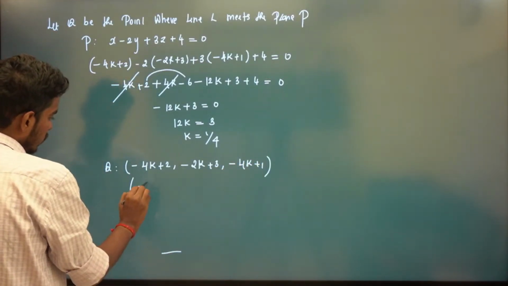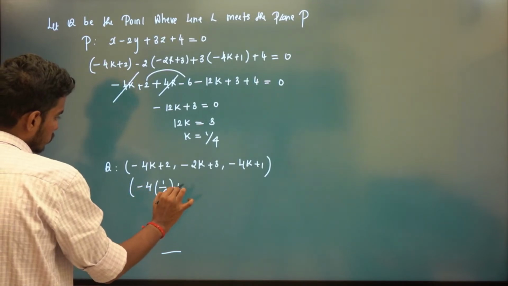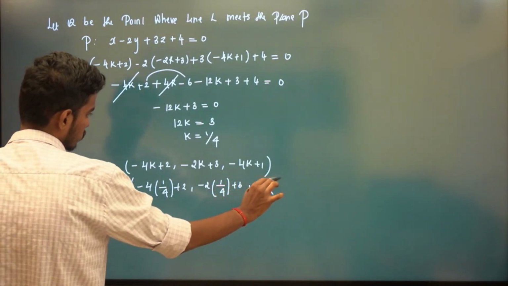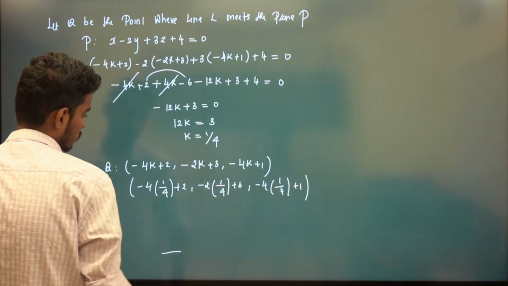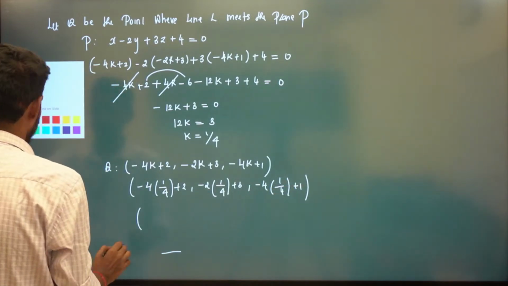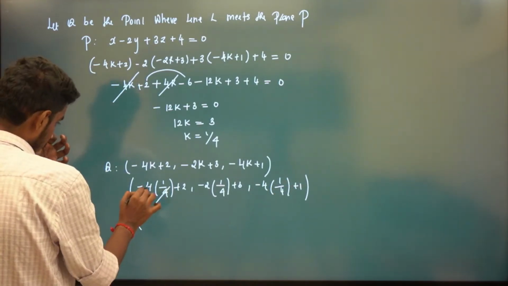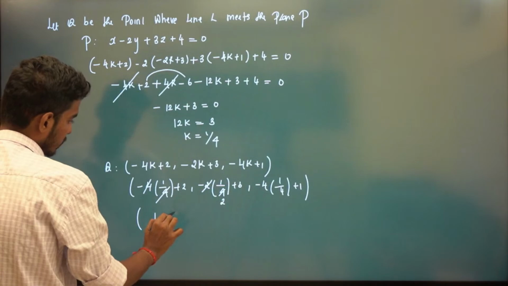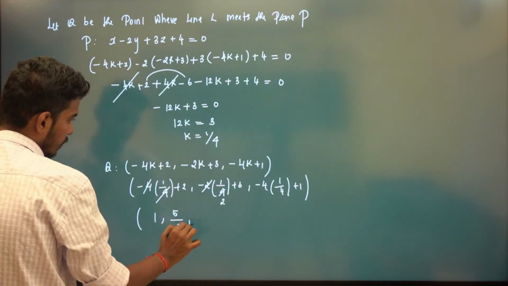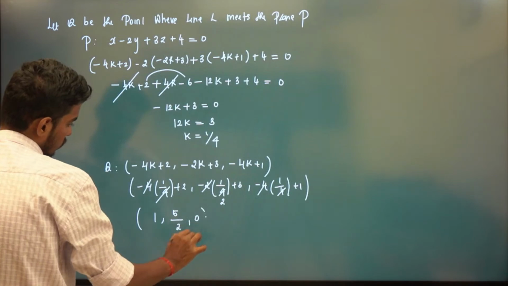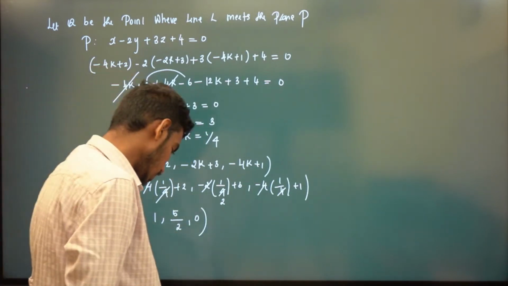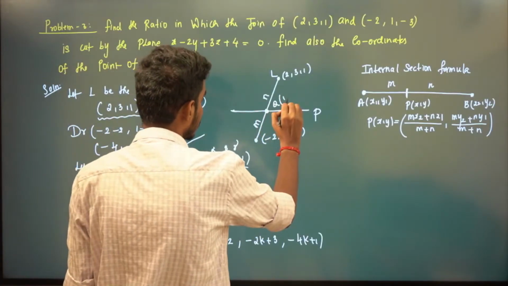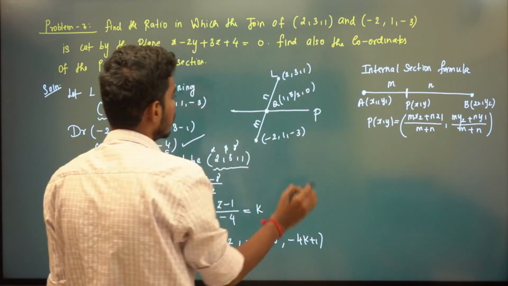If you substitute k equal to 1 by 4, 2 minus 1 is 1; then 3 minus 1 by 2 is 5 by 2; and 1 minus 1 is 0. So 1 comma 5 by 2 comma 0 is the point of intersection, right? So this point is 1 comma 5 by 2 comma 0.